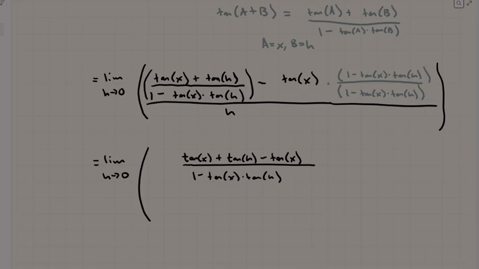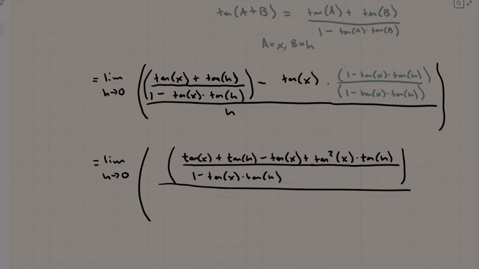And then minus a minus, that's going to become a plus. That's tangent squared times tangent of h. All right, that is our numerator. And then we just divide by h.